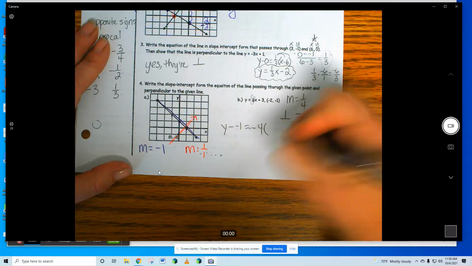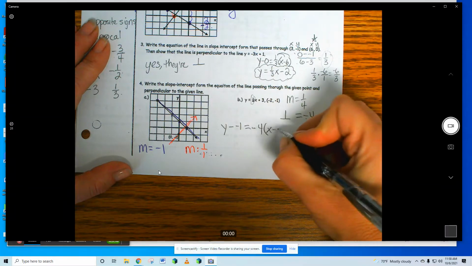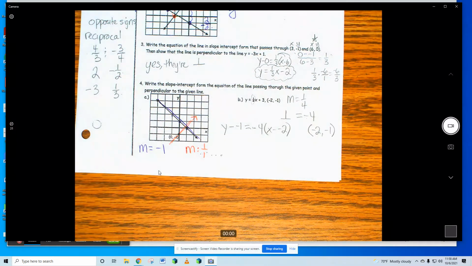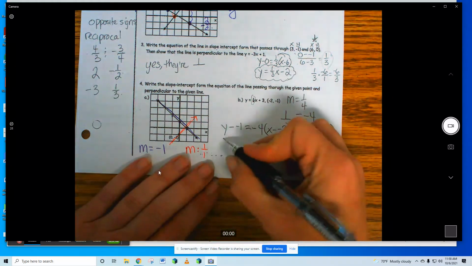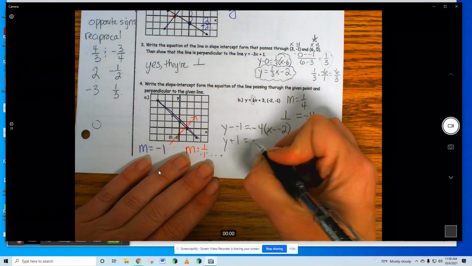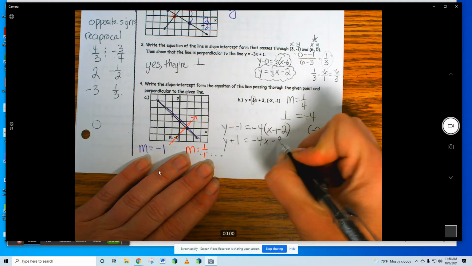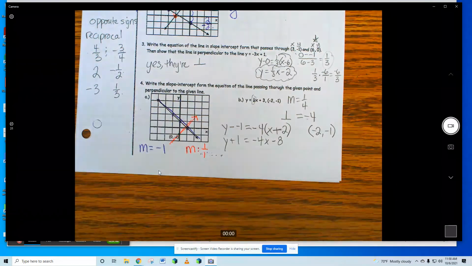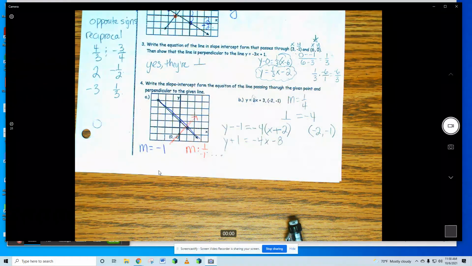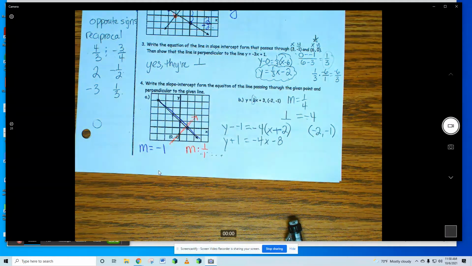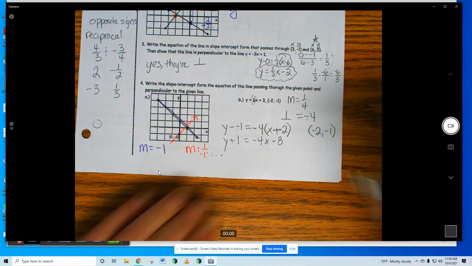-4 times x minus -2. Y plus 1 equals -4x minus 8. Okay, subtract 1.